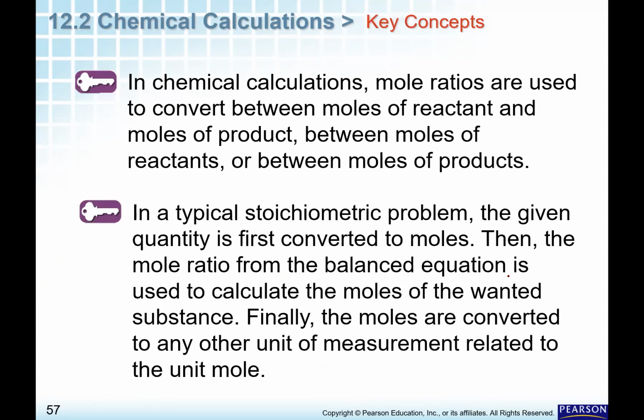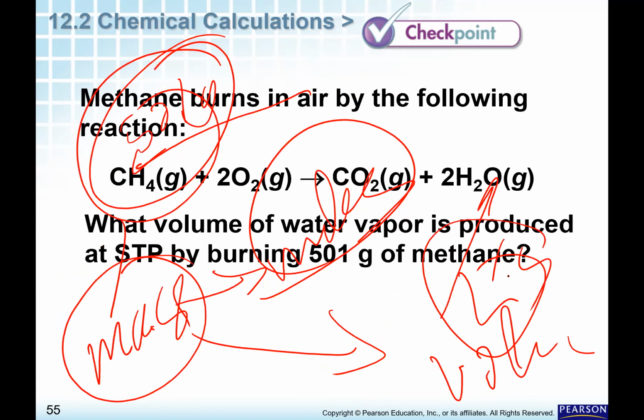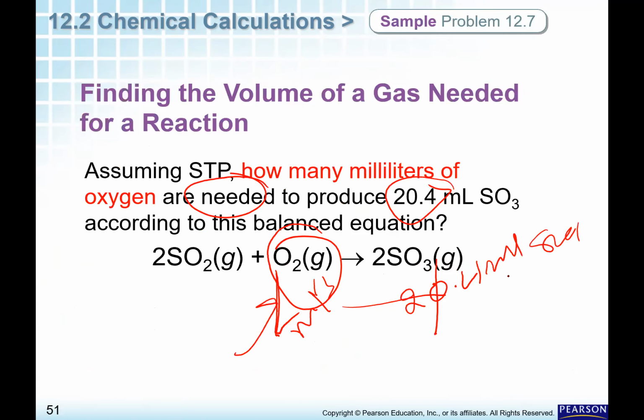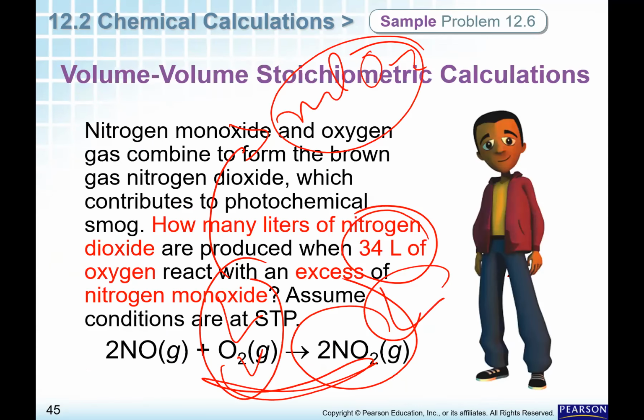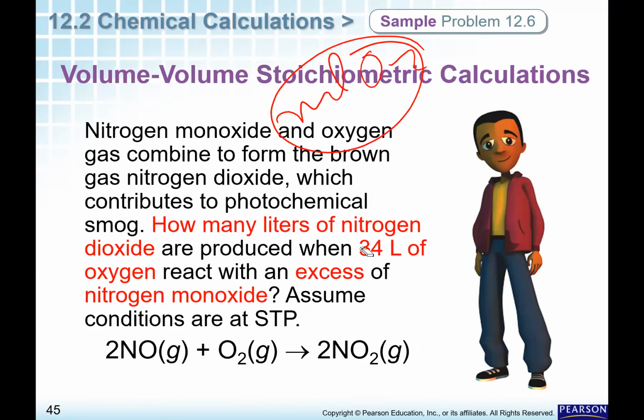Now we're going to move to section 12.3. But before we do that, I want to do a little bit of an introduction to that. I want to remind you of a question over here, which we went through. Why did he say in this question, how many liters of nitrogen dioxide are produced when 34 liters of this react with excess of nitrogen monoxide? He told us that there is excess of nitrogen monoxide, so it is possible for one of them to be in excess.